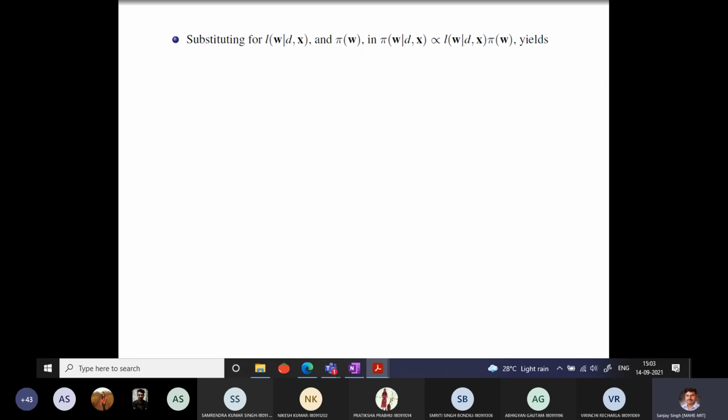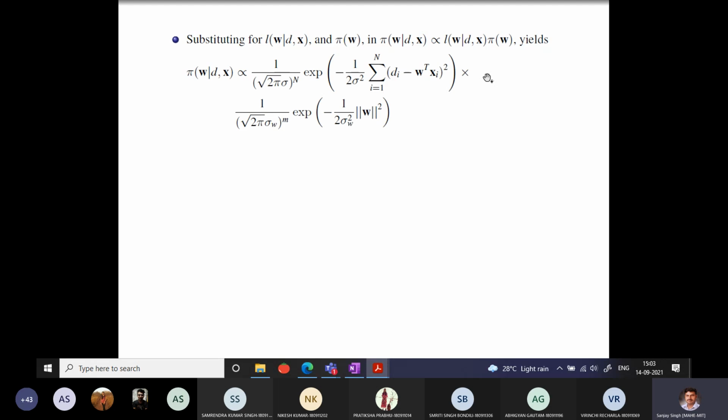Now with this we substitute for L(w) and p(w) into the equation which we have seen earlier. When I do so, here we write p(w^T x), and for p(w) we mention the part which we have just derived in the previous slide.